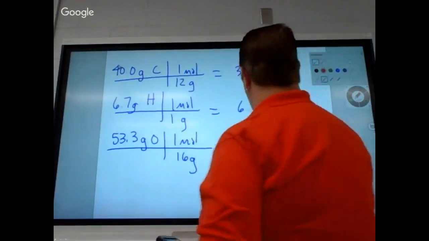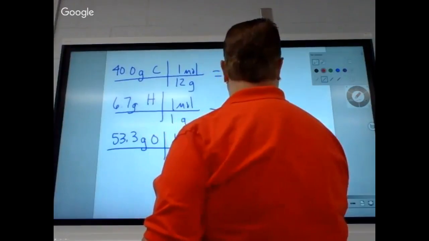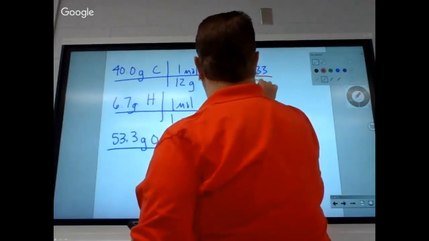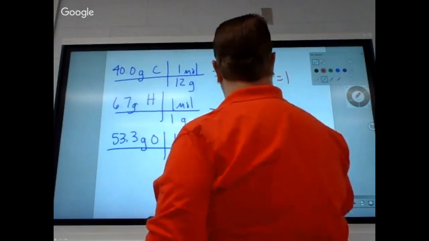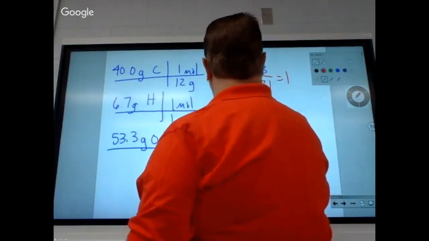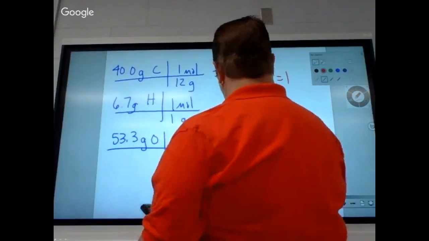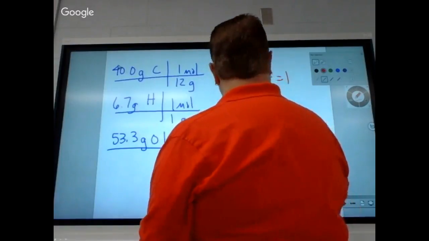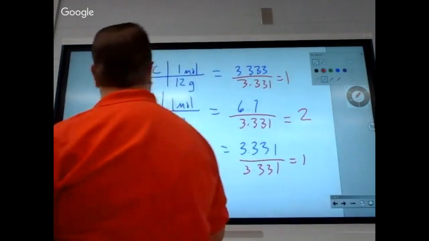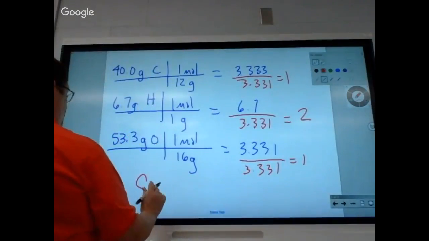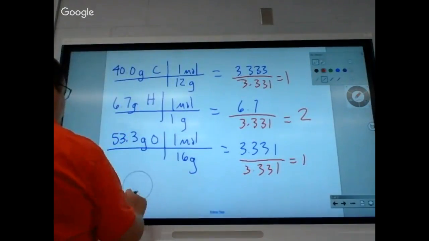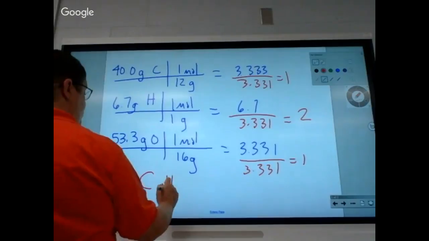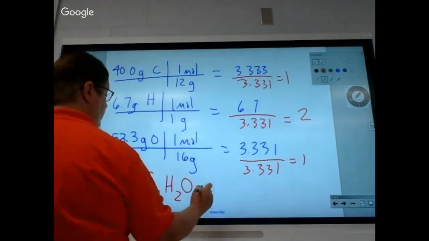All right, dividing by the smallest. So our empirical formula is going to be C1H2O1.